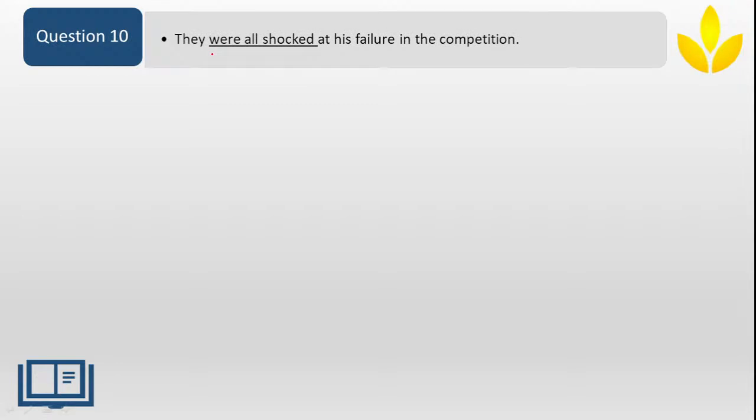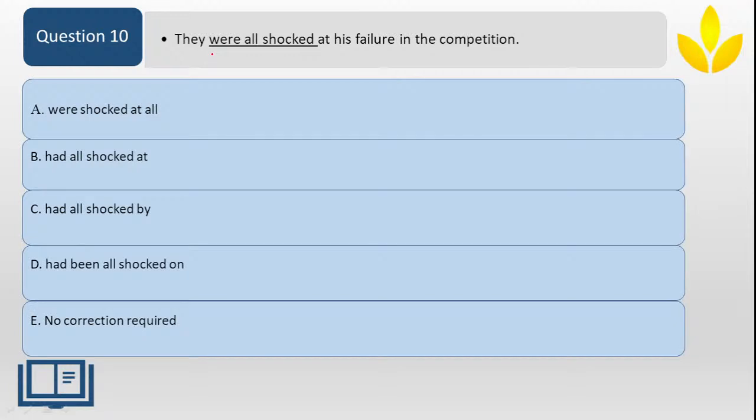They were all shocked at his failure in the competition. They were all shocked. So how to correct this, anybody? "They were all shocked at all." No, because we are already addressing the subject "they," so this is eliminated. "They had all shocked."